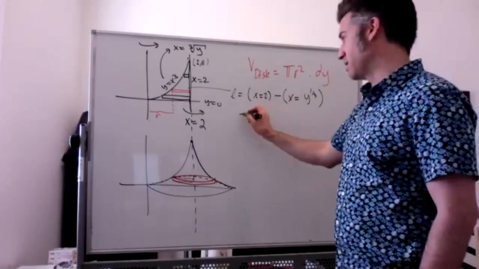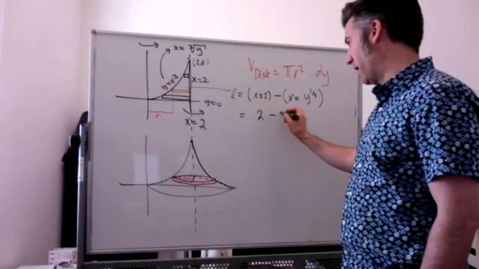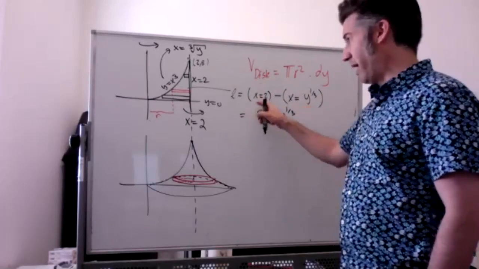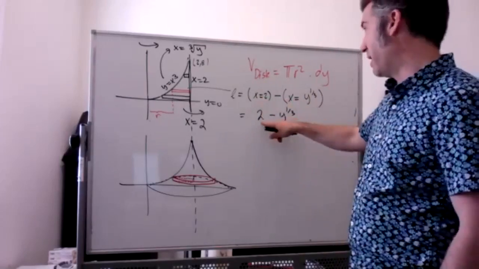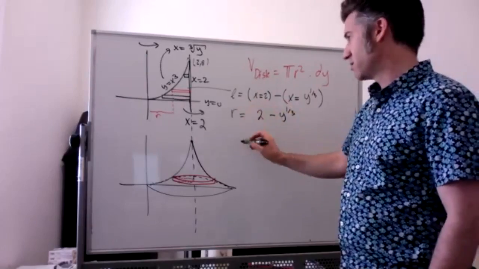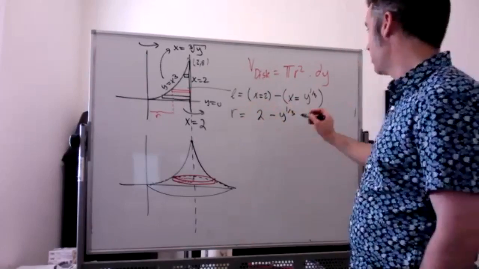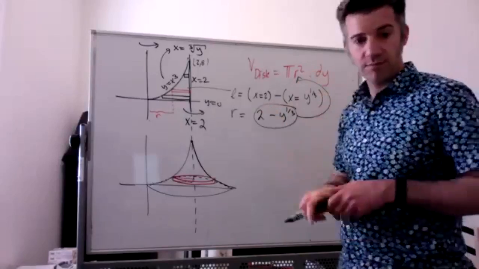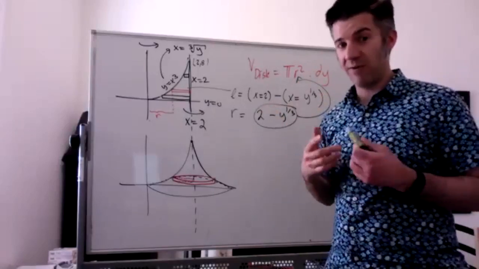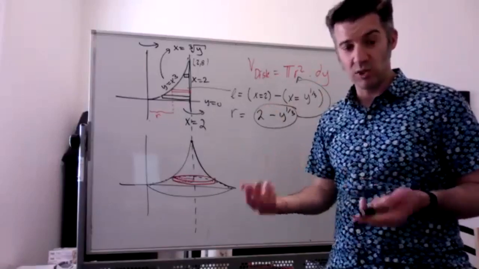What I'm really saying is 2 minus y to the 1/3. X as a function of y minus x as a function of y. So that's my radius, or the length of your strip. That is what's going in there. So when you go around a different axis of rotation, your radius is going to change.